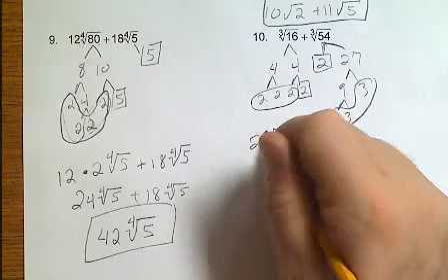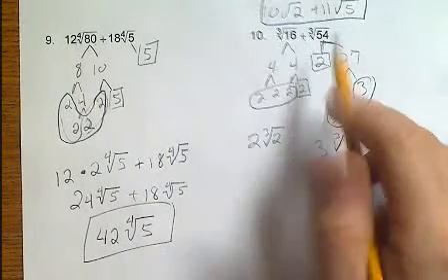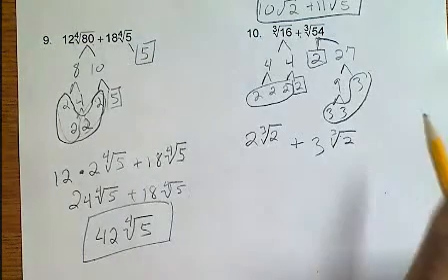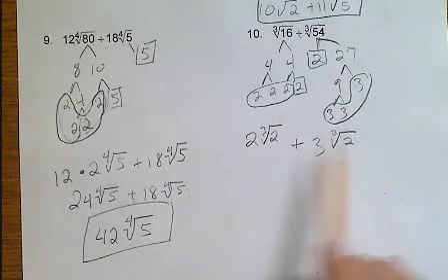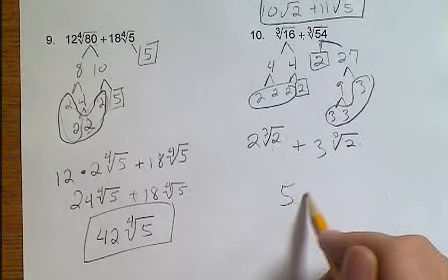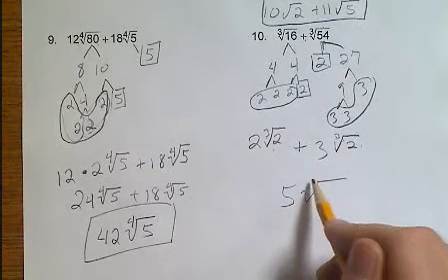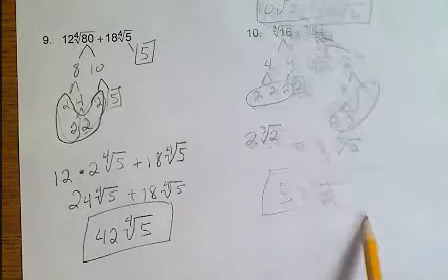And these are not square roots, they're cube roots. And I'm adding. Well, indexes are the same. Now the radicands are the same, so I can combine. 2 plus 3 makes 5 on the cube root of 2.